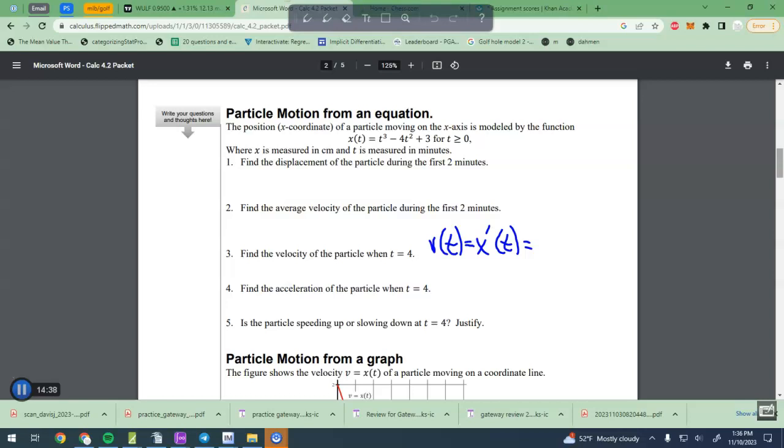But the derivative would be 3t squared minus 8t. And then you would just plug 4 into that, right? So it'd be 3 times 4 squared minus 8 times 4. So that's 48 minus 32. That would be 16.